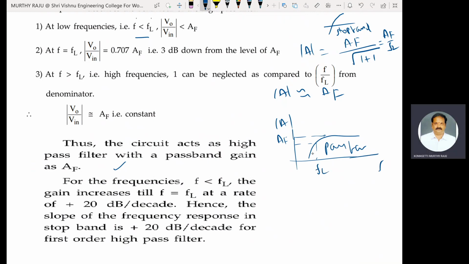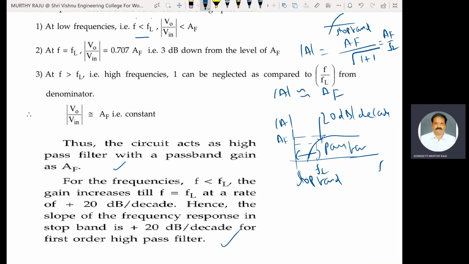This is the frequency. The gain increases at the rate of 20 dB per decade. Hence, this is the stop band. The slope of the frequency response in the stop band is plus 20 dB per decade for the first order high pass filter.